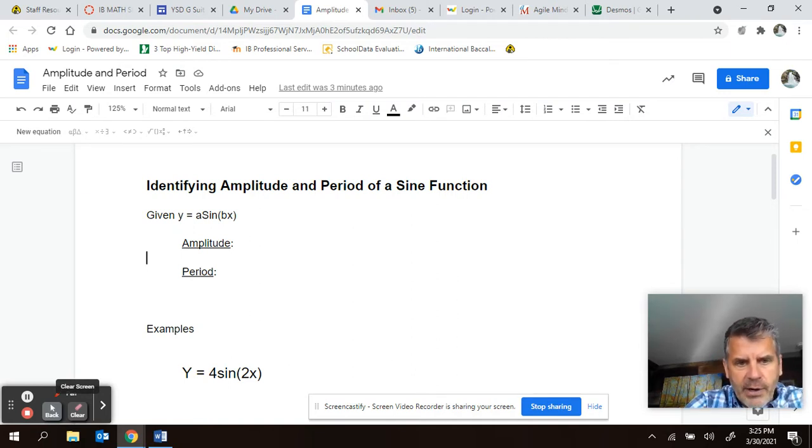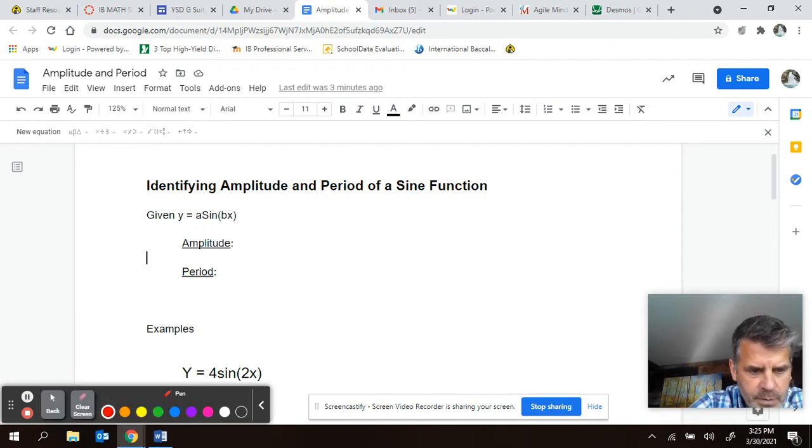Our amplitude will always be the absolute value of a. So whatever your coefficient is in front of the sine will automatically give you the amplitude.